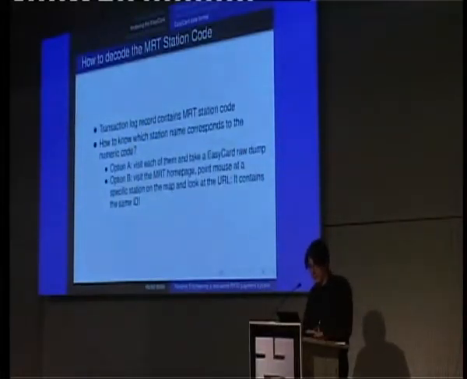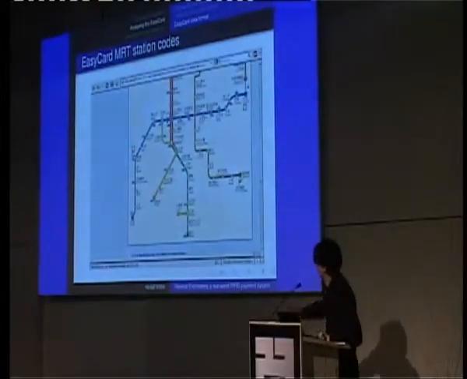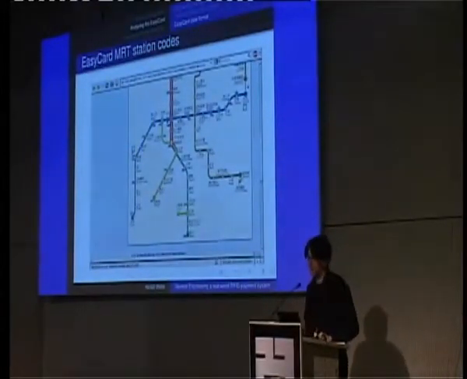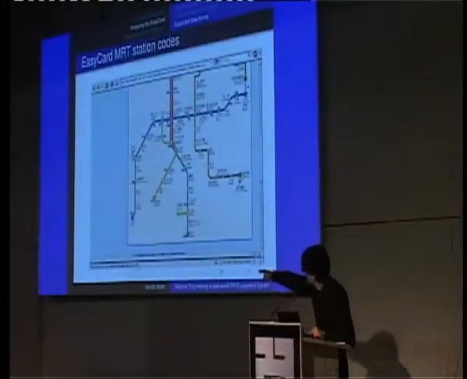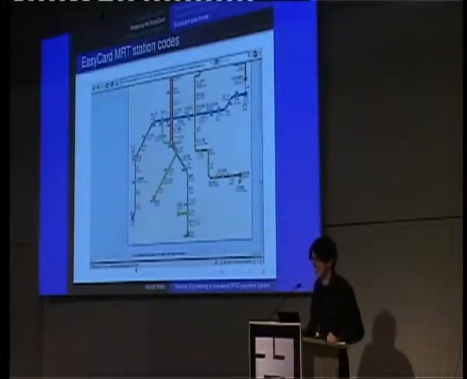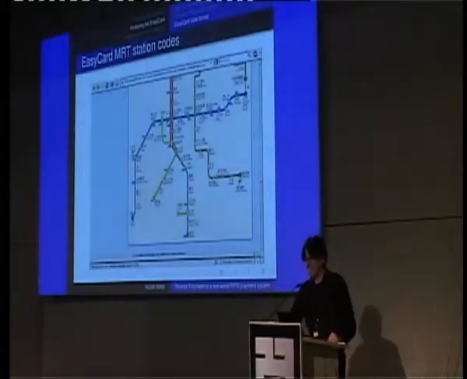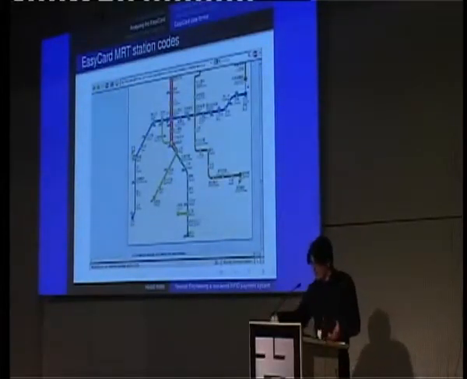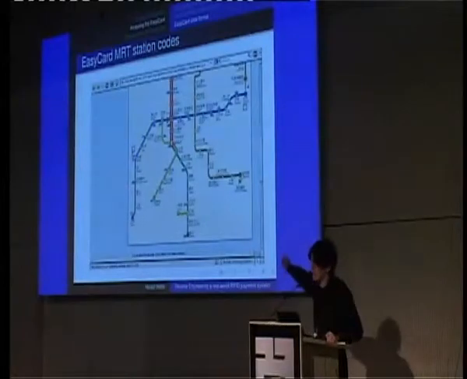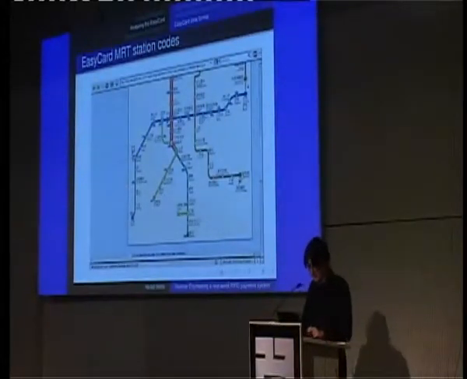What was actually much easier is to go to the homepage, which has a nice map of the MRT system, and you put your mouse onto one of these station names, and in the URL line, the last 3 digits is the station code. In decimal, though, you still need to convert it to hex.